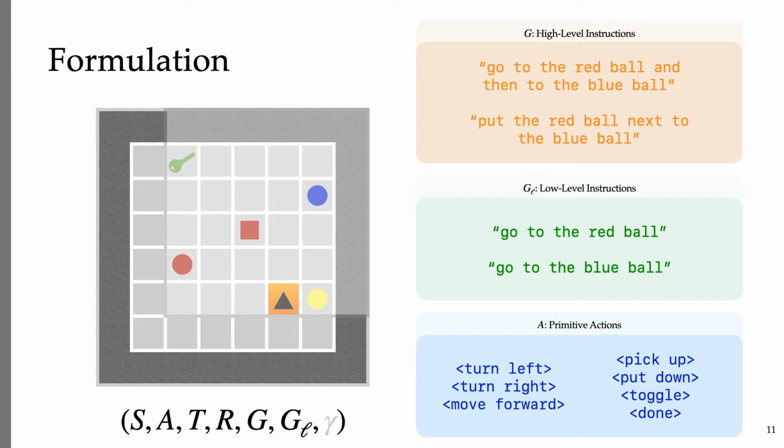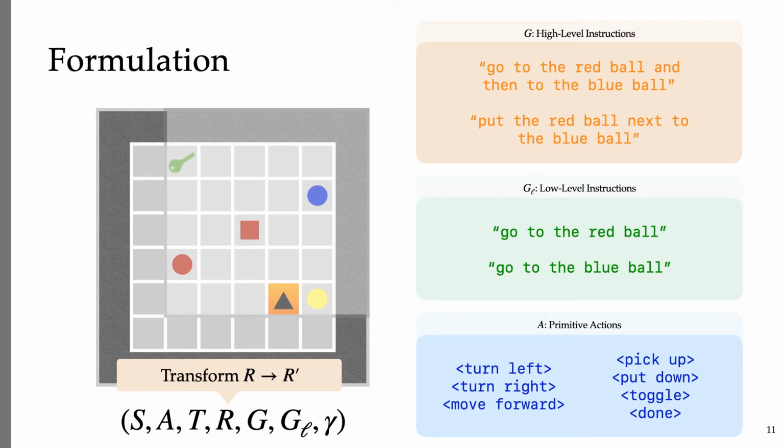And we'll go through an example in a moment. We assume a finite horizon H and a discount factor gamma. Our goal is to transform the reward function R into a function R prime to reward subtask-based exploration.